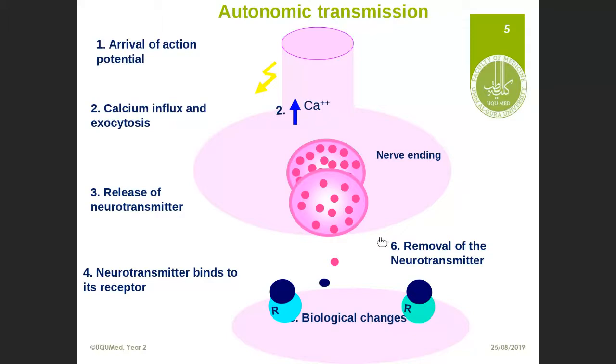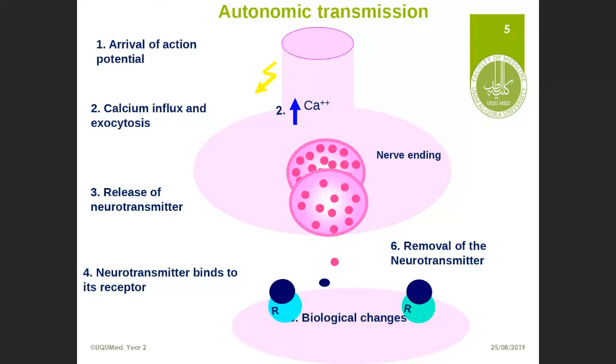But here, no acetylcholine goes back into the vesicle for storage with the help of a transporter. The neurotransmitter acetylcholine produces its pharmacological effects by binding to the receptor, and after that it is degraded by other enzymes. I will let you know in the next slide.